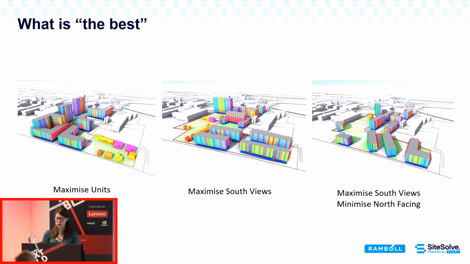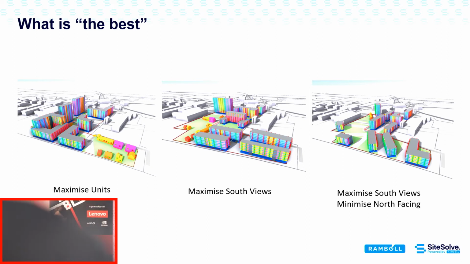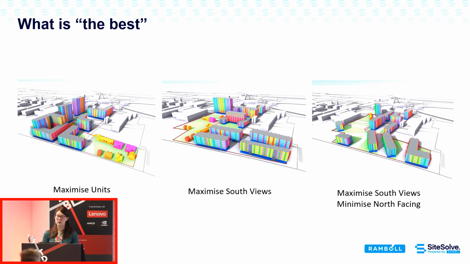In the middle, we also try to maximize the number of south views, but obviously in architecture that also has the inherent issue of maximizing north-facing apartments. And so if you then start to try and minimize your north-facing apartments, but still maximize the rest, you can see how the algorithm starts to angle the blocks so it's not purely north-facing, or create L blocks, which minimizes the number that are facing the north.